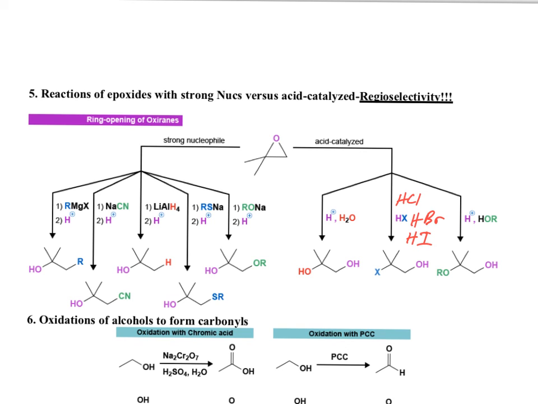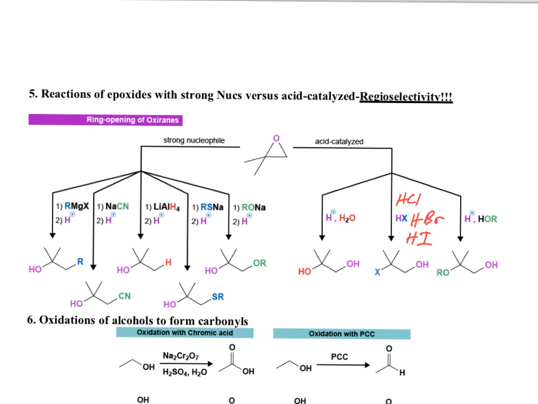Those are reactive acids, so you just treat them like H+, I-, H+, Br-, H+, Cl-. The first step in those reactions is you actually protonate the epoxide. The epoxide oxygen gets protonated to make it more reactive, because H+ and HCl are electrophiles. That means your epoxide is actually going to be the nucleophile in the first step.